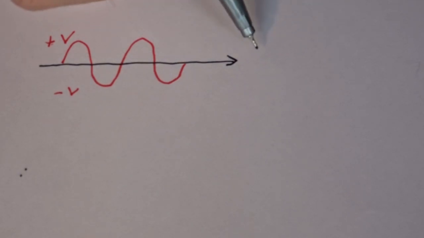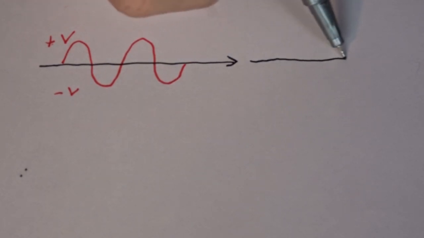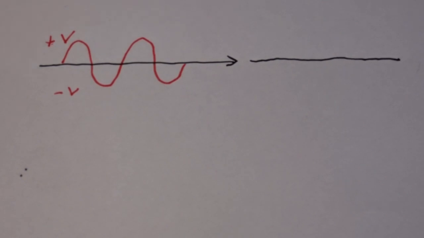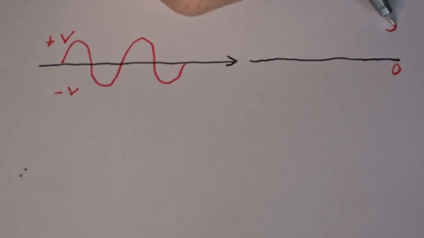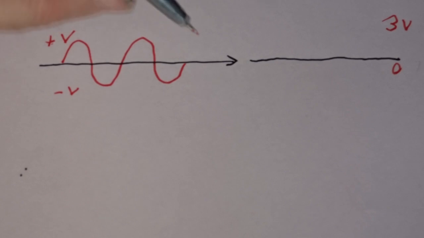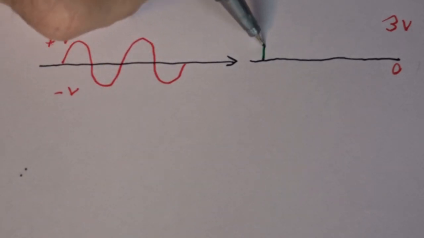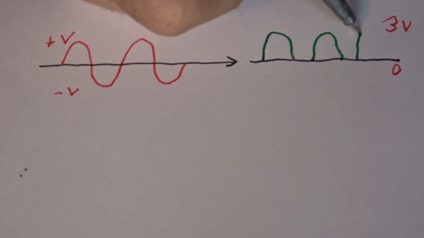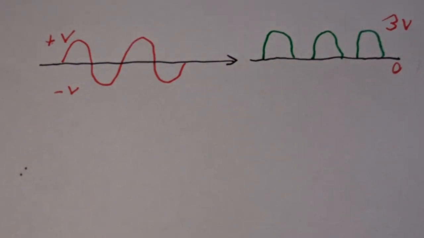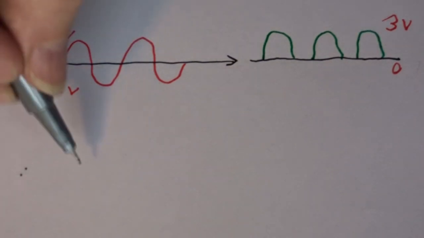So the problem is that once this gets into the GPIO, the GPIO is expecting a voltage between 0 and 3 volts here, and so all it's going to see is the top half of this, the bit above 0 volts. So we need to AC couple and bias this.